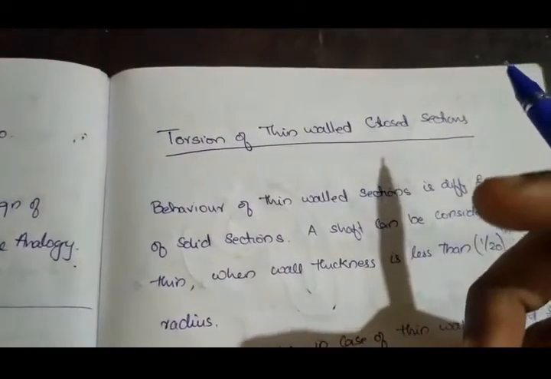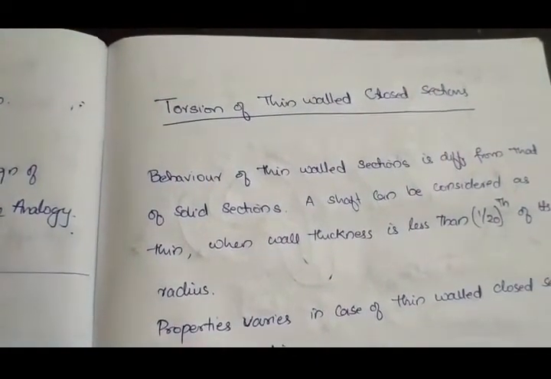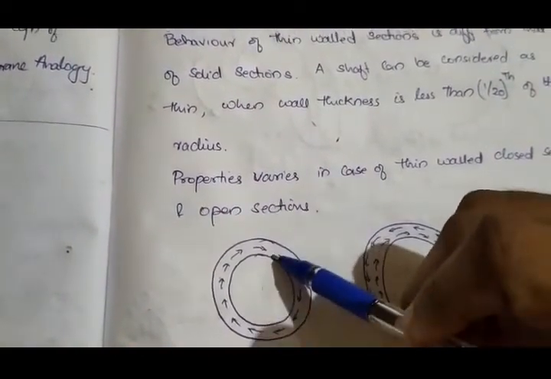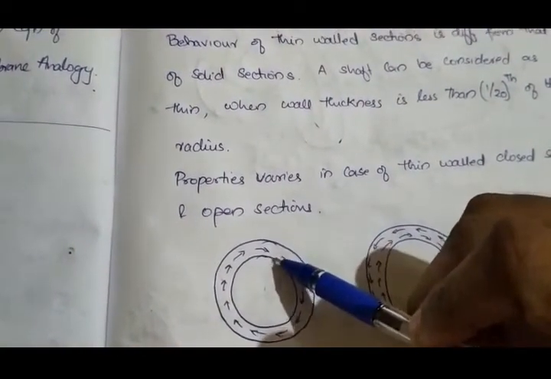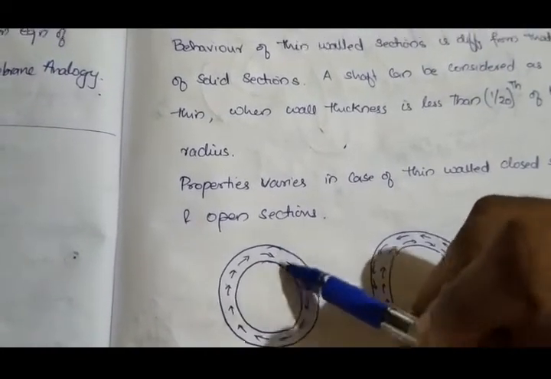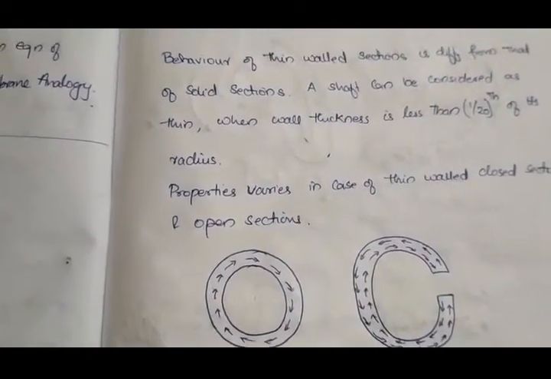If this is the total radius of this shaft, then the thickness should be 1/20 of this radius. So thickness should be very small.